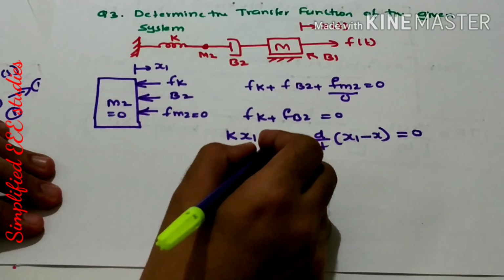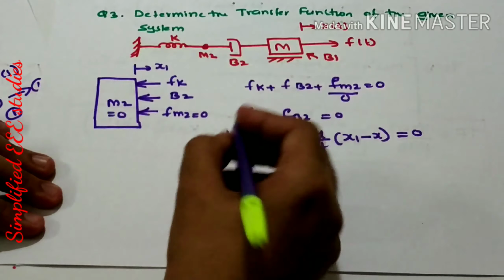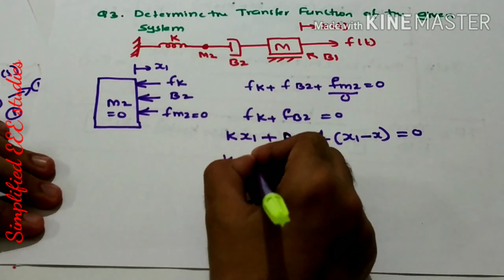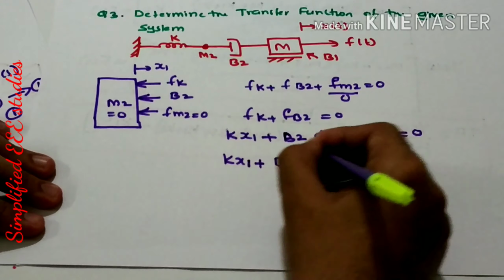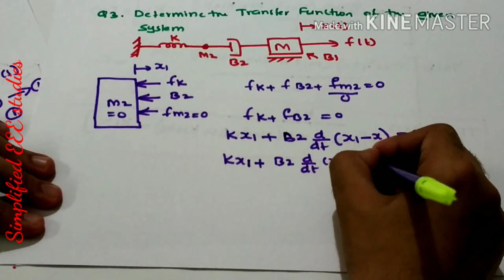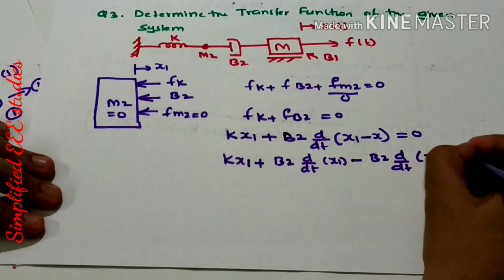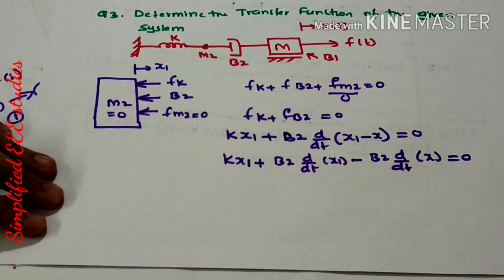Then you can take the Laplace transform to convert time domain into S domain. Before that you can elaborate it: K x1 plus B2 into d by dt of x1 minus B2 into d by dt of x, that is equal to 0. So take the Laplace transform.